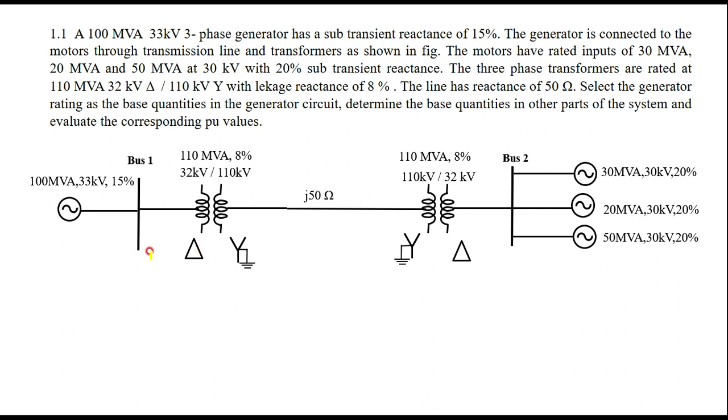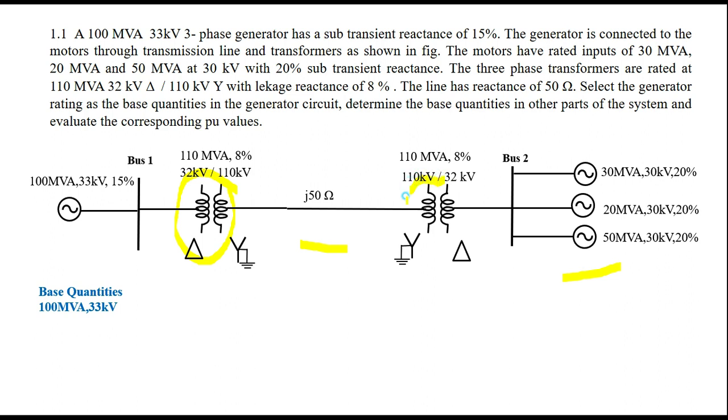That is delta star I mentioned here. Then you can look into the base quantity. What I am choosing is 100 MVA, 33 kilovolts. Then what are the base quantities on the transmission line side? What are the base quantities on the motor side? You have to check, because there is a transformer here, so the base voltage will change on the 50 ohm side.